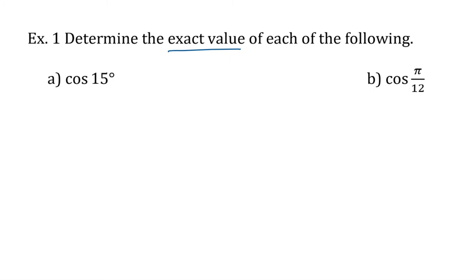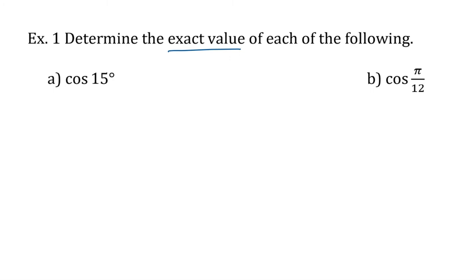So think about this. My first step is we're always going to think of things in terms of 30 degrees, 45 degrees, and 60 degrees, right? Those are our three angles that we can already do the exact value of. And if I can come up with a sum or difference of those angles that gives me the angle I'm looking for, in this case 15, then I'm going to be able to use the formulas to find that exact value.